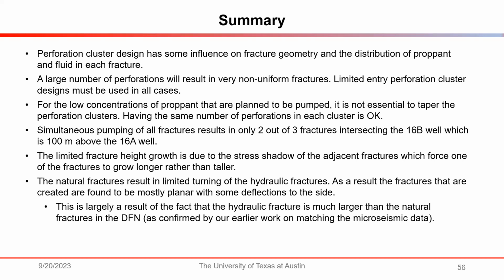So it goes off to the side rather than up into the 16B well. The natural fractures that we have put in, that is the DFN that we've created with the log and core data and microseismic data calibration that we've done, does not result in wholesale turning of the fractures.